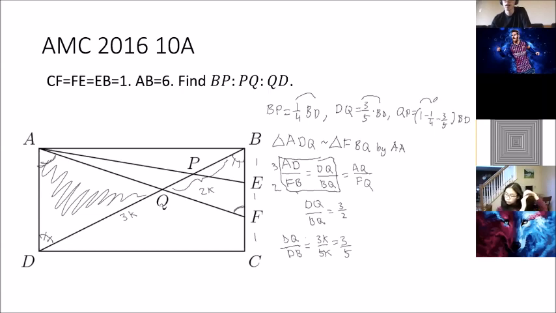And what that means is, if you write out this ratio, multiplying all three of these terms by the same constant does not affect the ratio. So we can get rid of BD. We just have 1/4 to 1 minus 1/4 minus 3/5 to 3/5. And if you multiply everything by 20, you get 5 over here, you get 12, and over here you get 3. And that's a ratio.